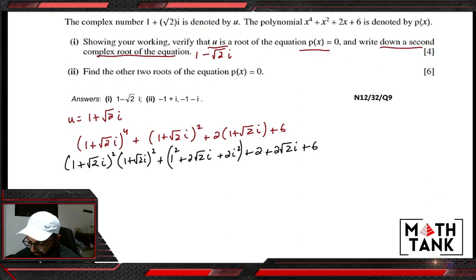Now I'm going to first try to simplify this bracket. It becomes 1 plus 2 root 2i minus 2. i squared becomes negative 1, so this becomes minus 2. So I get 2 root 2i minus 1.